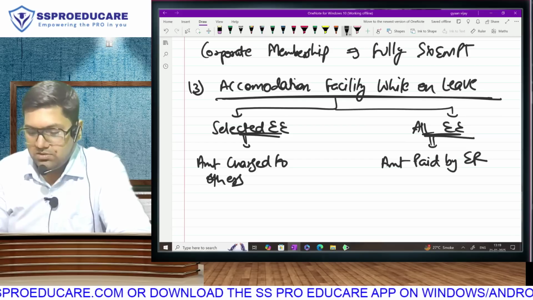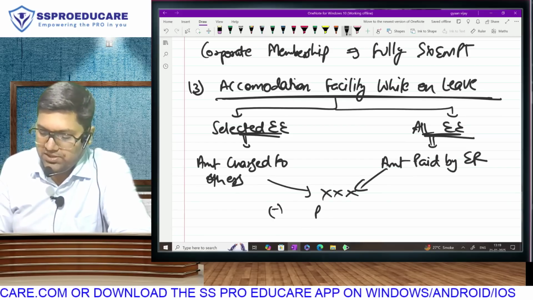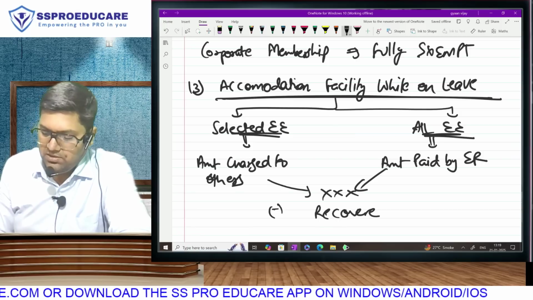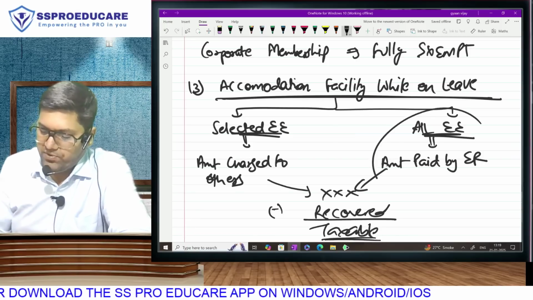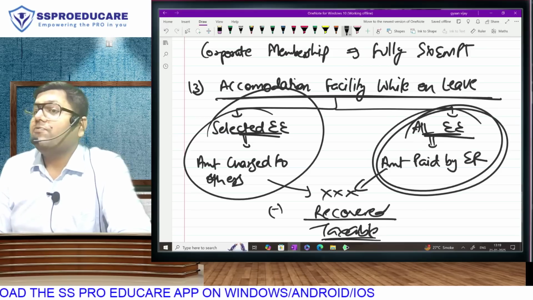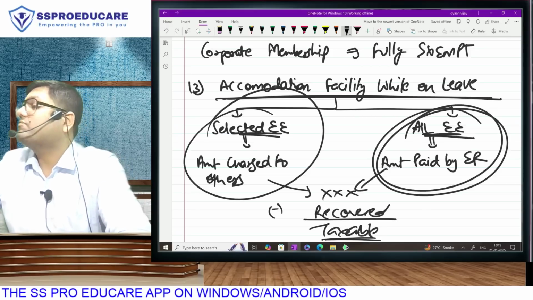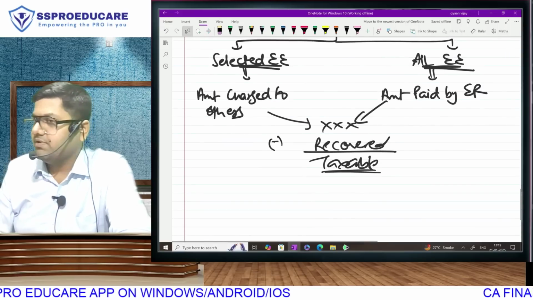You understood? This will be the perquisite in this case. Of course, from both cases, we will be subtracting the amount which is recovered to get the amount which is taxable. One more time, to make you understand, if the employer is paying, directly take that amount. But if the employer is getting it as a free package, then we have to see how much money the hotel is taking from other people. That amount will become your taxable perquisite. Everyone is understanding this?